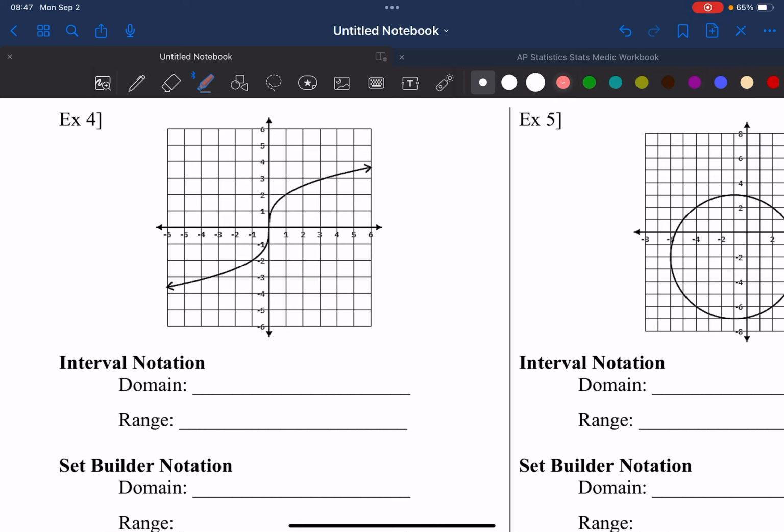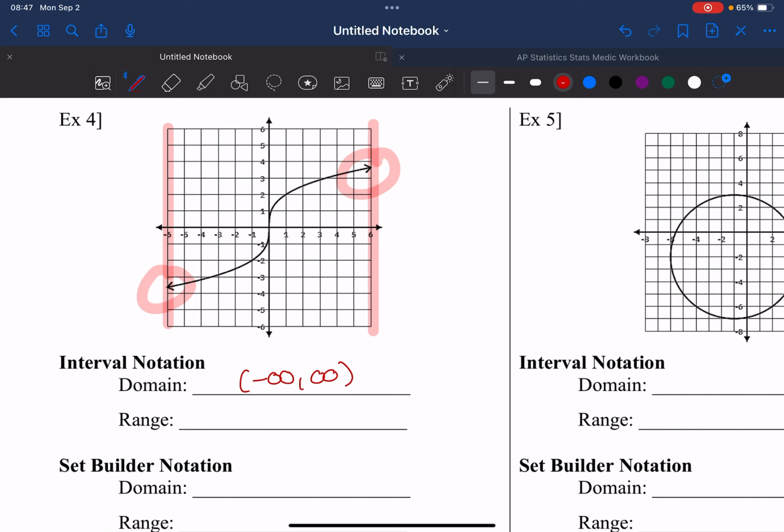So looking at the domain from left to right, if we just look at this graph, it looks like it stops and starts at negative 6 and positive 6. But since we have those arrows, we cannot determine that it stops there. So that means it's going to keep going on forever and ever. So that means we have the domain negative infinity to positive infinity.